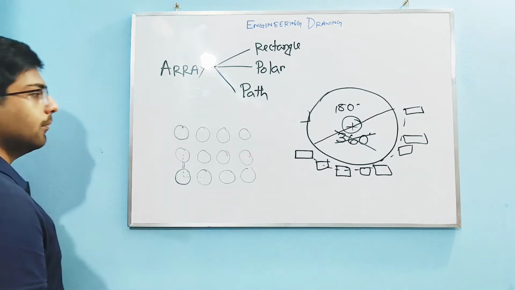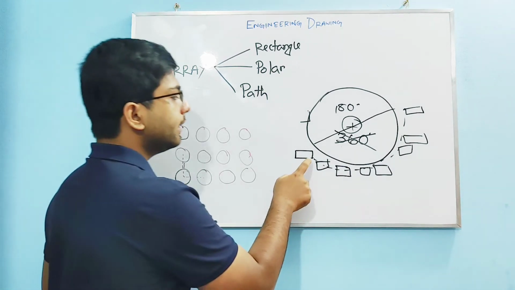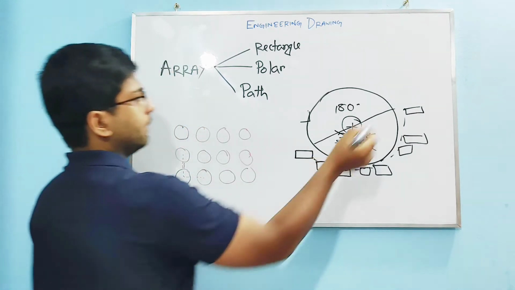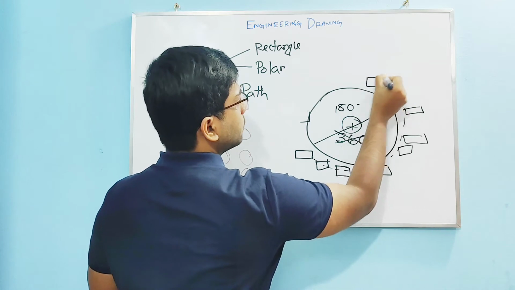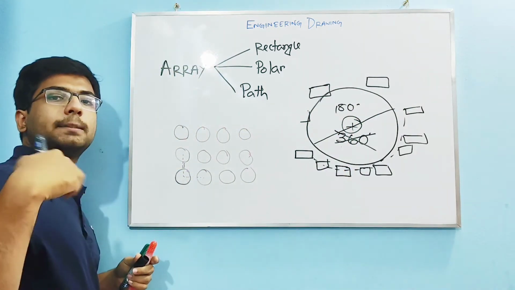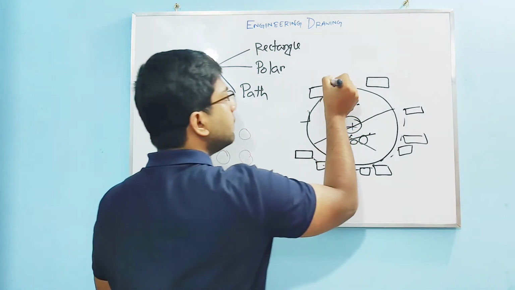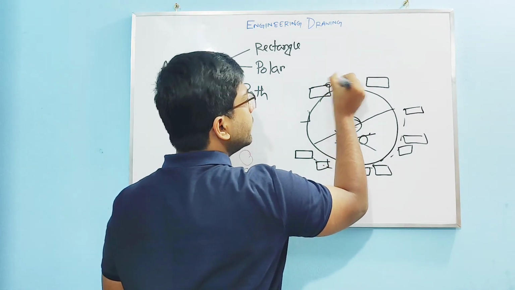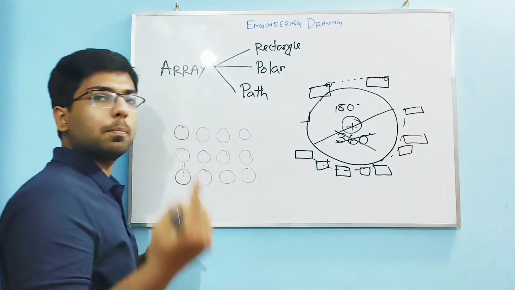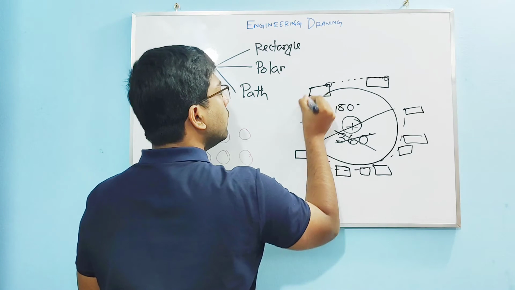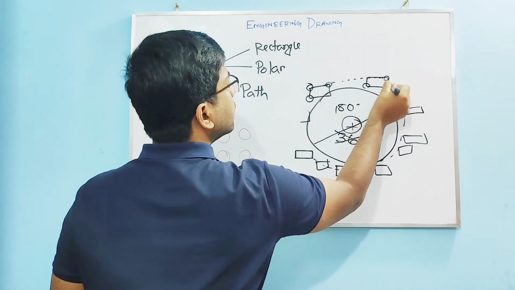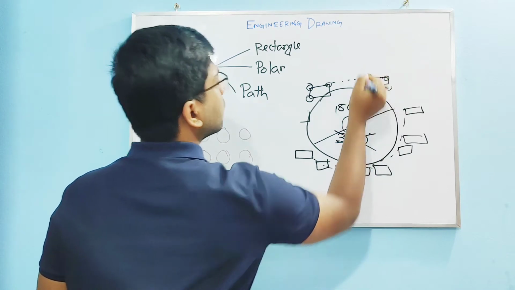Okay, and the distances between these objects. Remember one thing, this is one object and this is another. The distance you specify will always be from either this point to this point, I mean the same points, or this point to this point, or this point to this point.